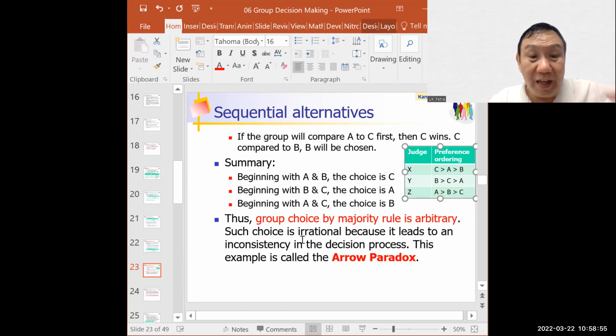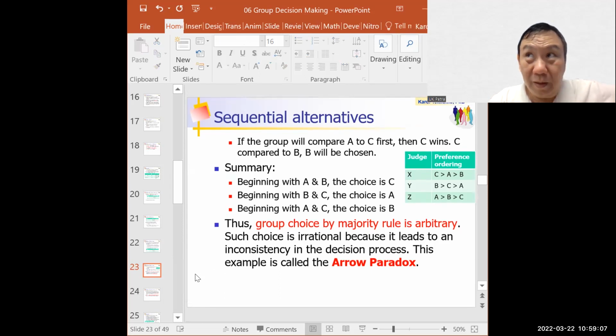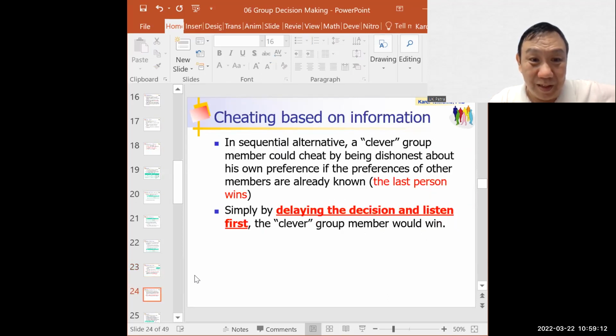So this is an example of what is called the Arrow paradox. Arrow is the name of a person, Kenneth J. Arrow, a Nobel Prize winner in economics for this paradox. Based on the group decision-making process, it is possible in the sequential alternative that you can cheat.